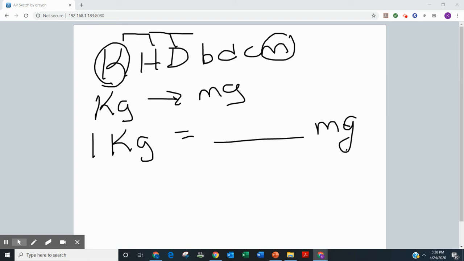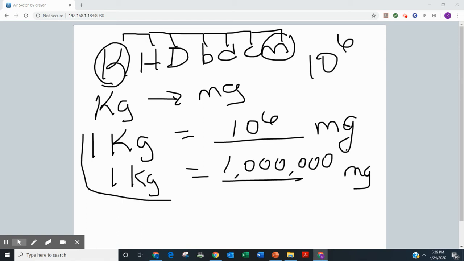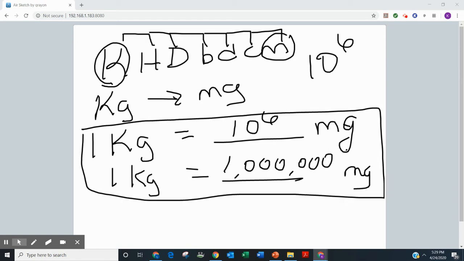So 1, 2, 3, 4, 5, 6. So this is 10 to the 6th, which is 1 million. So 1 kilogram equals 10 to the 6th, or 1,000,000 milligrams. This is the conversion factor that you would use for converting between kilograms and milligrams.